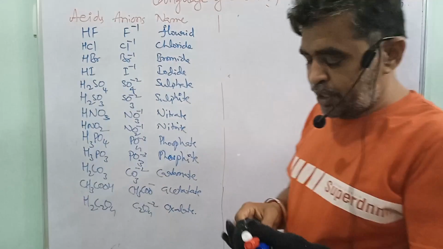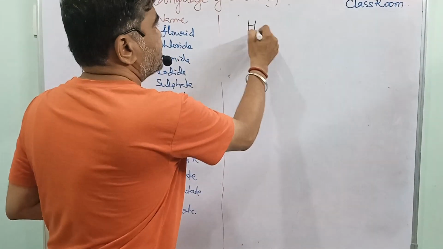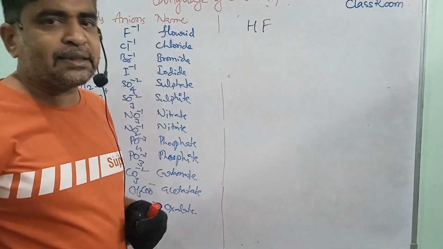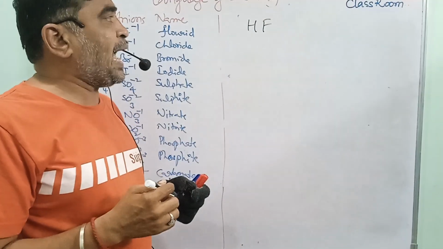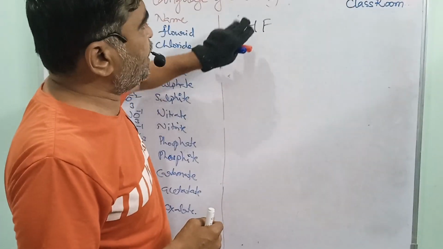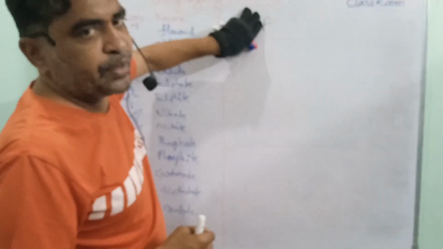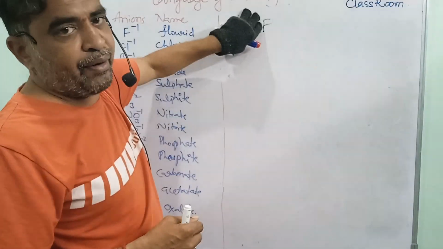Now you see. For example, I am writing one acid, hydrofluoric acid, HF. From this acid, an anion is formed. How is the anion formed from the acid? In this acid, except the hydrogen, the remaining indicates the anion.